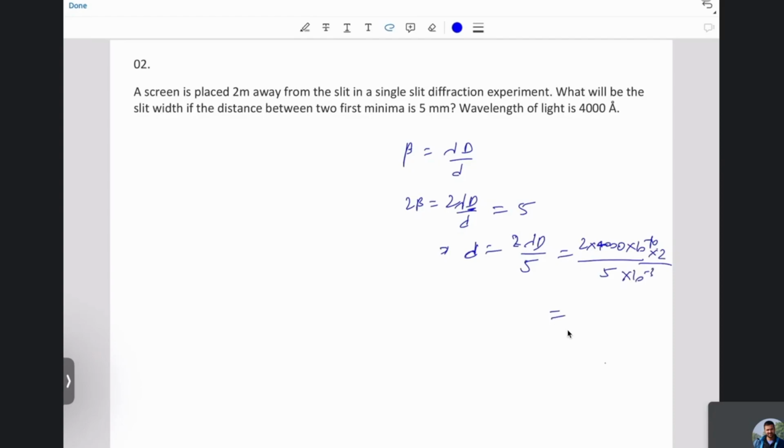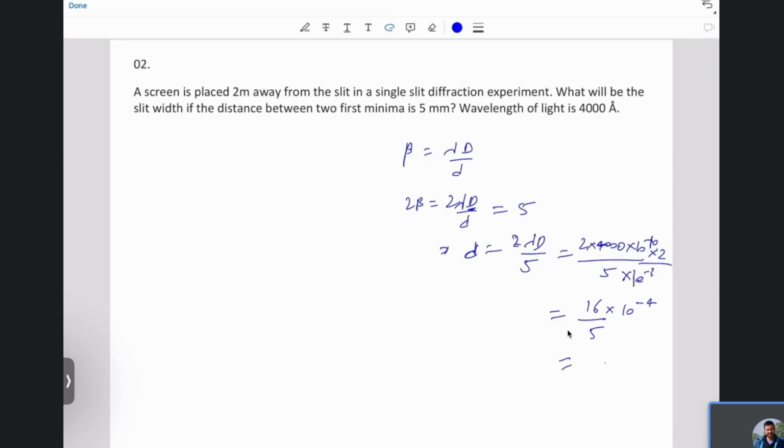So now it will be 4 and 4 will be 16, and 16 into 10 to the power minus 7, which is minus 4, because 10 to the power minus 3 will cancel, then 5 is there.